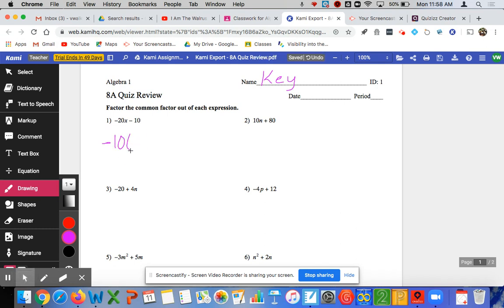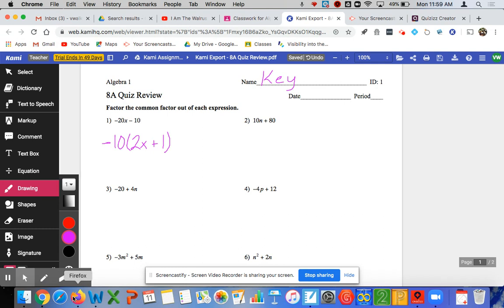So I'm going to factor out a negative 10. Negative 10 times what gets me negative 20? That's a positive 2. Now I have an x there, so I need to make sure I have an x in my parentheses. Negative 10 times what gets you negative 10? That's a positive 1. Negative 10 times 1 is negative 10. So that's the answer for number 1.